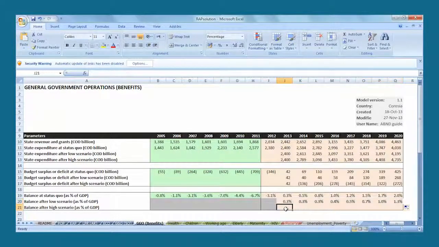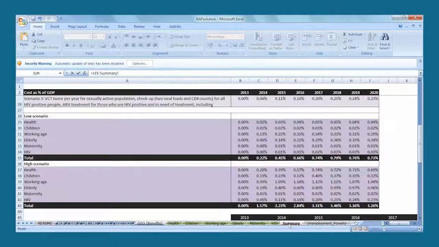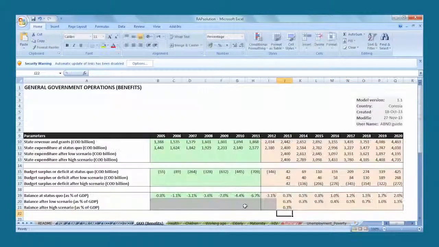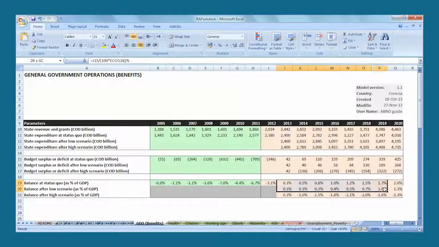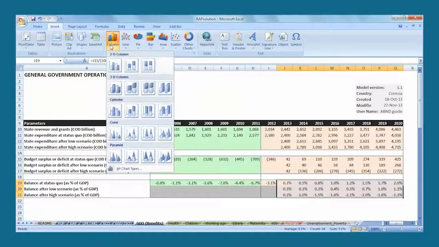Likewise, we subtract the cost of the total high scenario from the balance at status quo. This gives us the balance as a percentage of GDP, assuming that the total high scenario is implemented. This data can be represented as a graphical chart for better understanding.